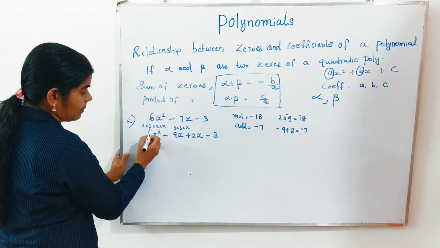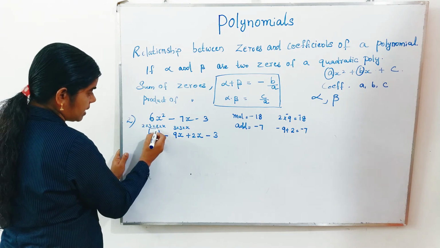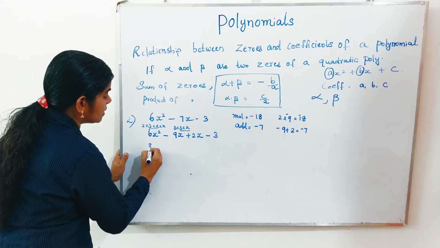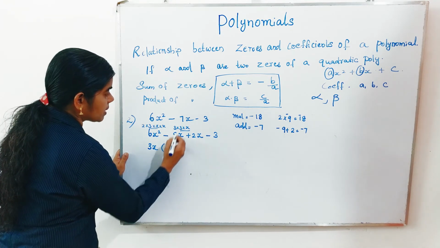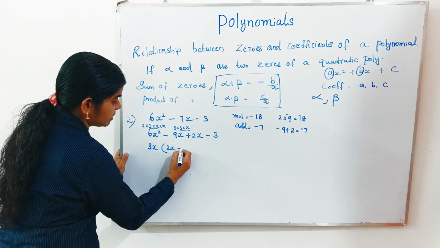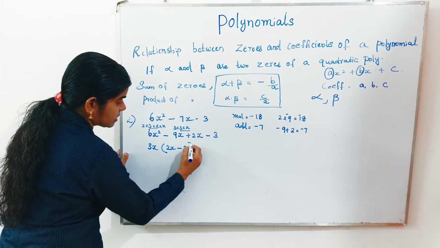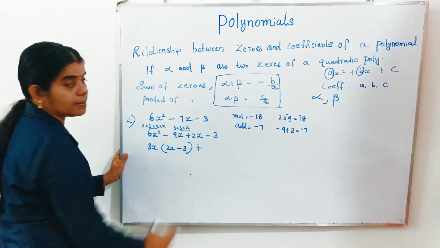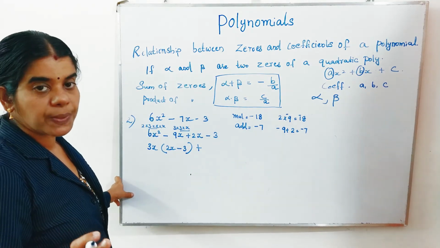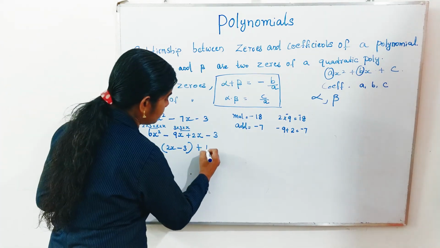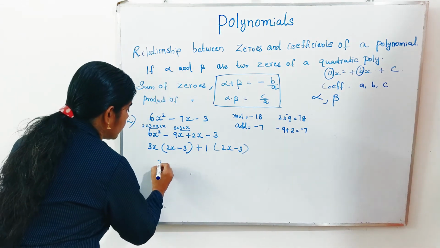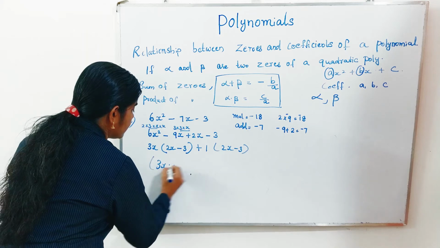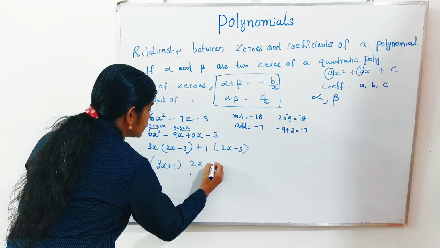Here the common number will be 3x, that I am taking from these two. Then 3x, the remaining will be 2x with a minus sign. Here the remaining is 2x minus 3. Here no common number we can take outside, so you take 1 outside. 1 into 2x minus 3. Then 3x plus 1 and 2x minus 3.